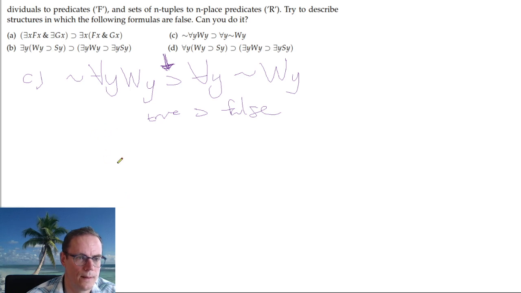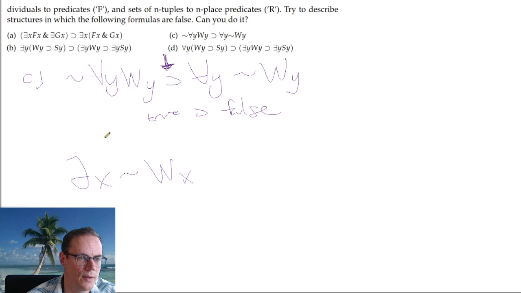Well, what does the antecedent say? It says it's not true that everything is W. Well, a few moments ago I talked about how "not all have some property" is the same as "there is something that doesn't have the property."